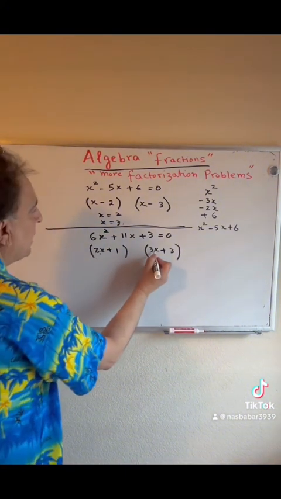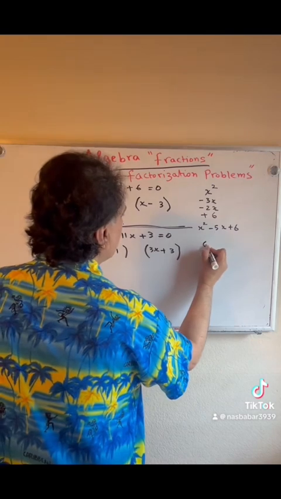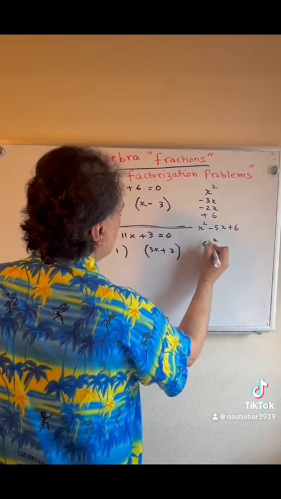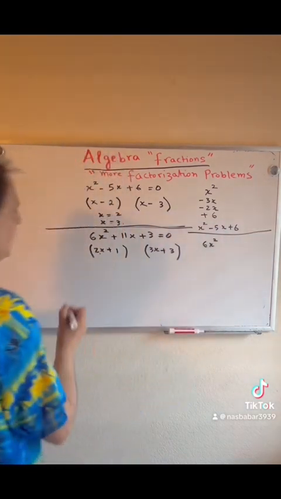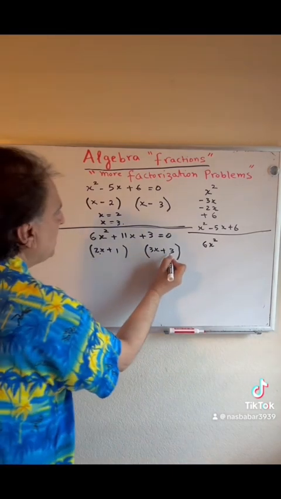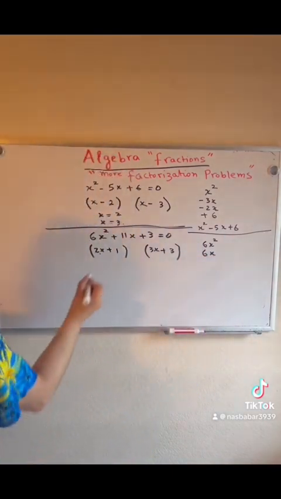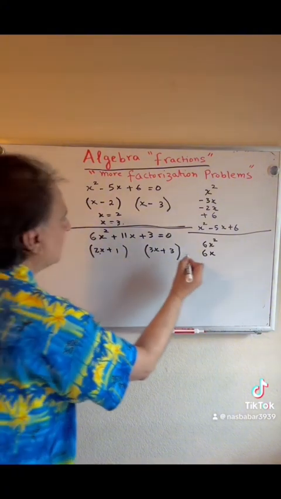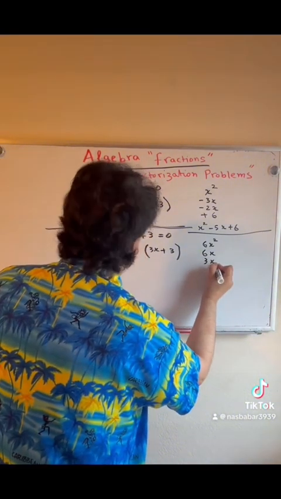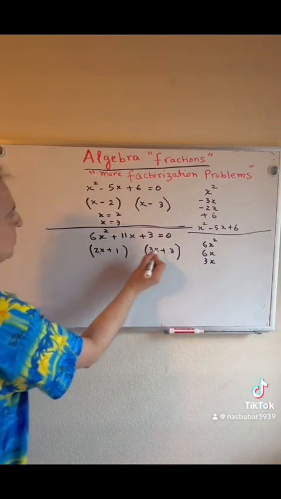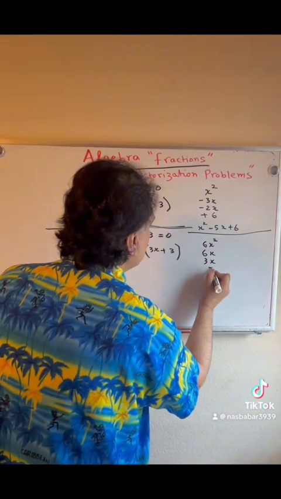2x multiplied by 3x gives me 6x squared, fine, all right? 2x times 3 gives me 6x, all right? 1 times 3x gives me 3x, all right? 1 times 3 gives me 3.